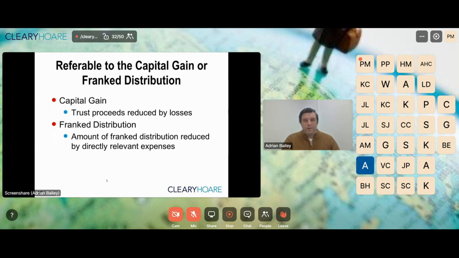So what that means in directly relevant expenses, to use an example, if we borrowed to acquire some ASX shares, the interest that we would pay on the ASX shares is a directly relevant expense, which can be applied against the frank distribution under the streaming provisions. So that's the amount of the frank distribution that we would then need to make somebody specifically entitled to.